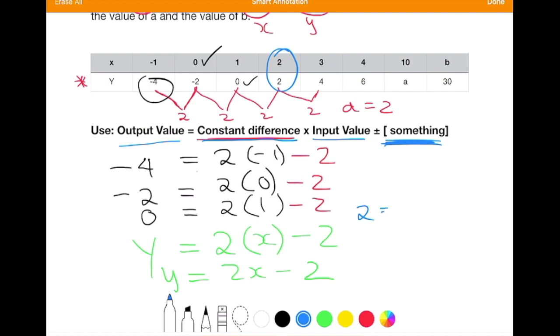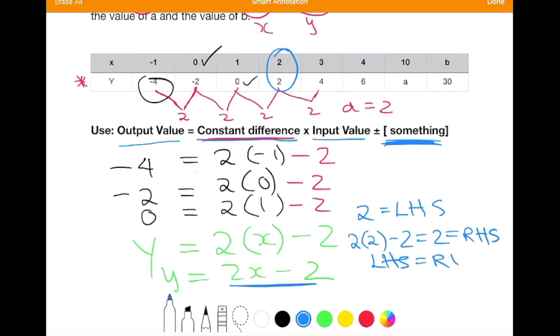That is the left-hand side. What about the right-hand side? The right-hand side says 2x minus 2, which means 2 is multiplied by x, but in that case, x is equal to 2 again. That thing minus 2 there. If you simplify this, that will give you 4 minus 2, which is equal to 2. So the right-hand side is also equal to 2. So you do get the left-hand side equal to the right-hand side, which confirms that this is the correct rule.